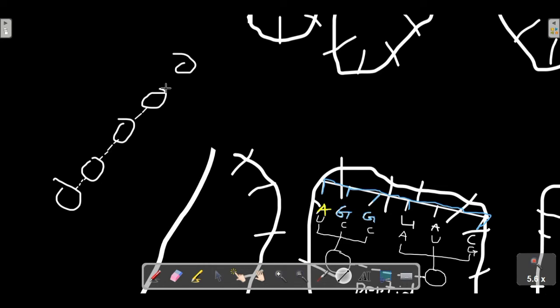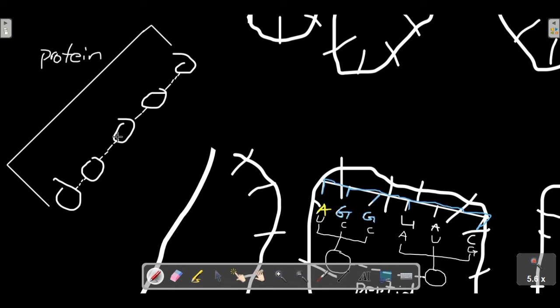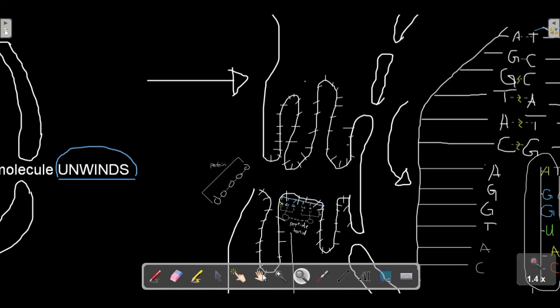We said that multiple amino acids make up a protein, right? So they make up a protein, and that means that this is a protein. This whole set of multiple amino acids forms one protein molecule. Like that, and that's it, guys.